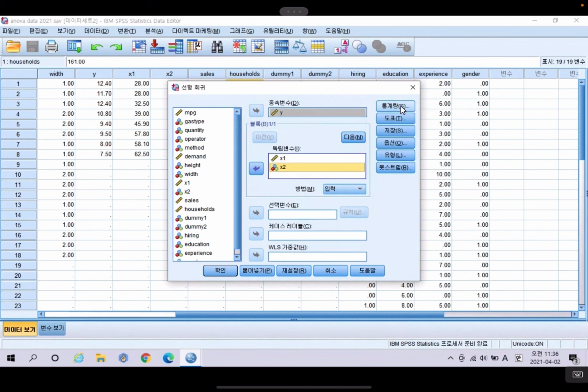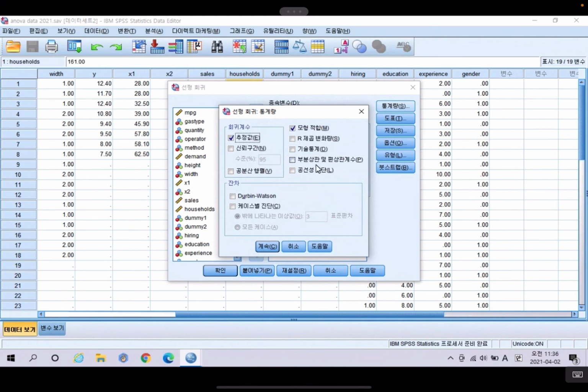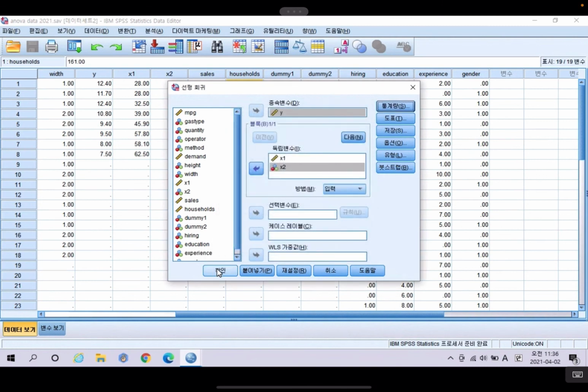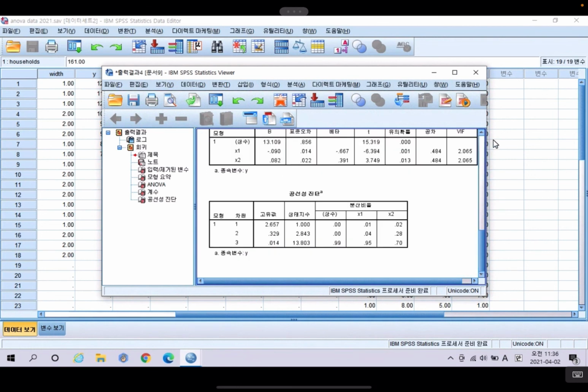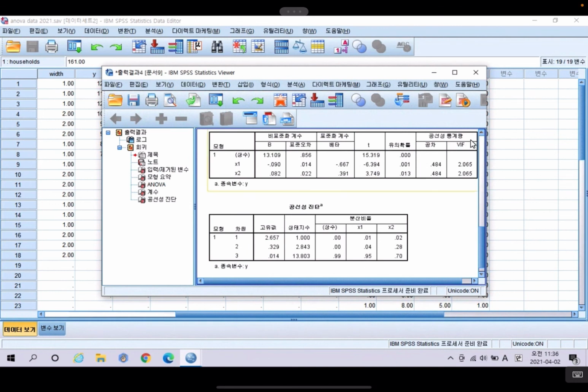And you check this one, Statistics. And you click this one. This is multicollinearity. Check, and you click this one. And you get the results here. You see the VIF here. So in this case, the VIF value is less than 10, so it's okay.